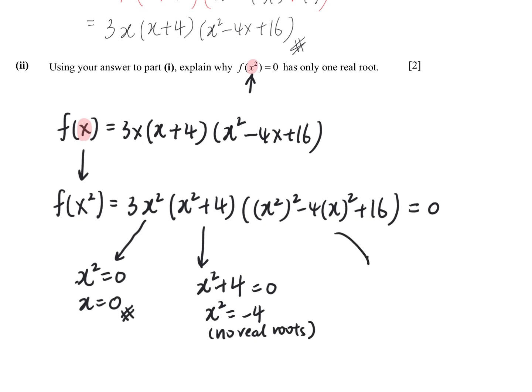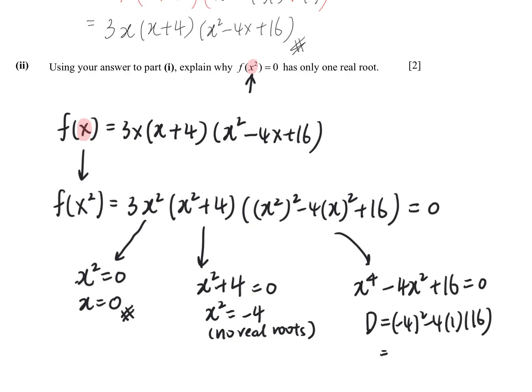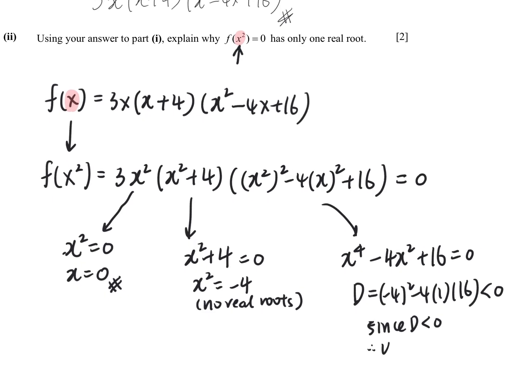Then this one is technically a quadratic in x squared. If you do the discriminant, b squared minus 4ac, you end up with a negative number. So since D is less than 0, it has no real roots.